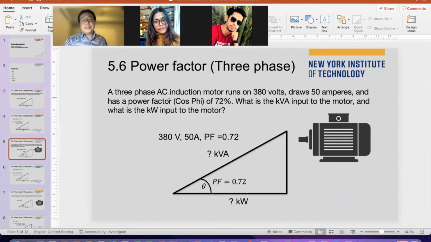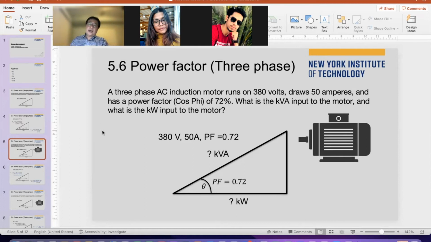A three-phase AC induction motor runs on 380 volts, which is normal in European or Asian countries, draws 50 amperes, and has a power factor cosine theta of 72%. What is the kVA input to the motor and what is the kW input to the motor?